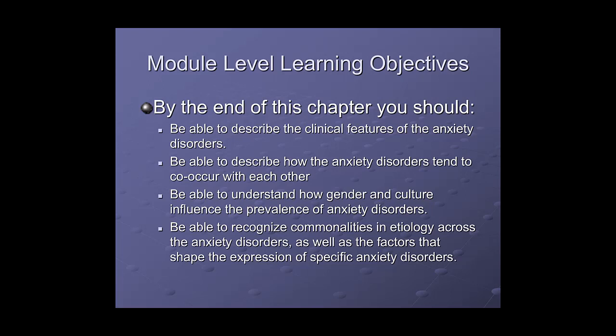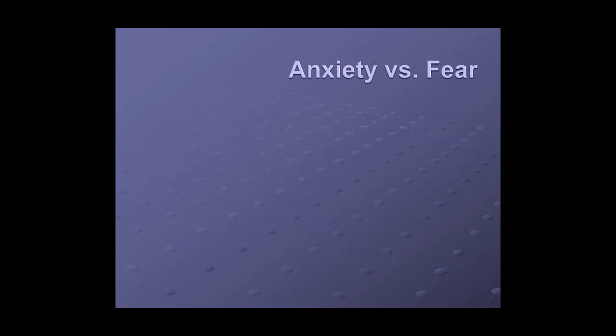One of the things that I do want to tease apart for us is that there is a difference between anxiety versus fear. When I'm talking about anxiety, we're really talking about apprehension about a future threat, with a level of worry or concern about something that might happen.